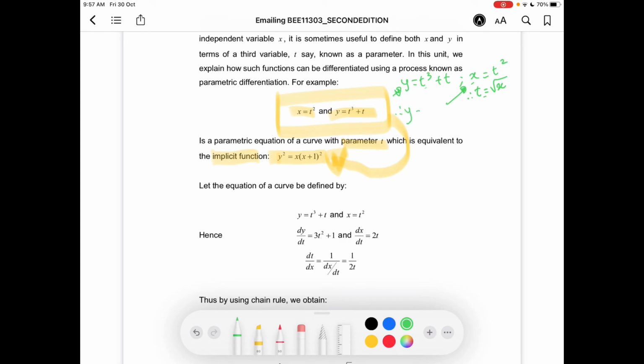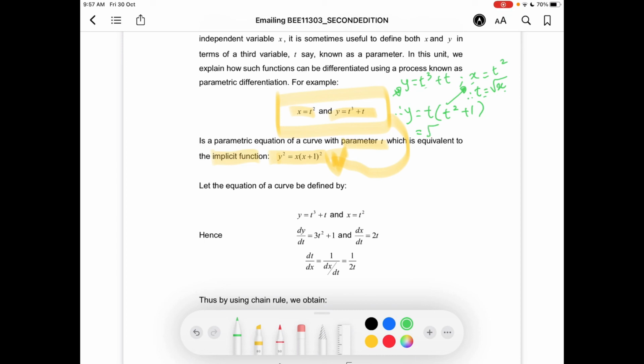Before that, you can factorize it first: y equals t times (t squared plus 1). We factorize it so that the substitution can be done much easier.